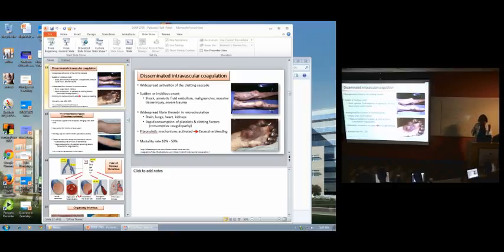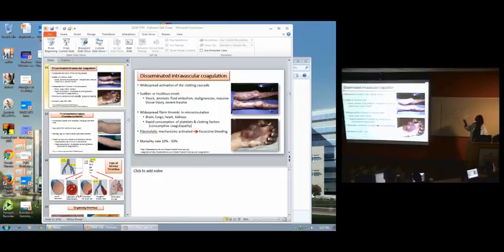There is a condition that is referred to as disseminated intravascular coagulation. A number of things can cause it, and what you have is widespread activation of the clotting cascade. So you now have widespread fibrin thrombi in the microcirculation.